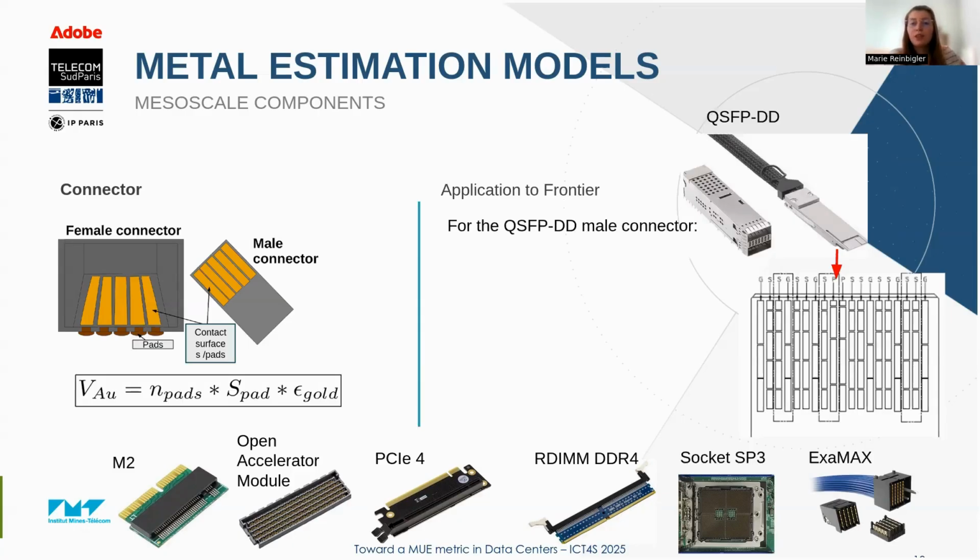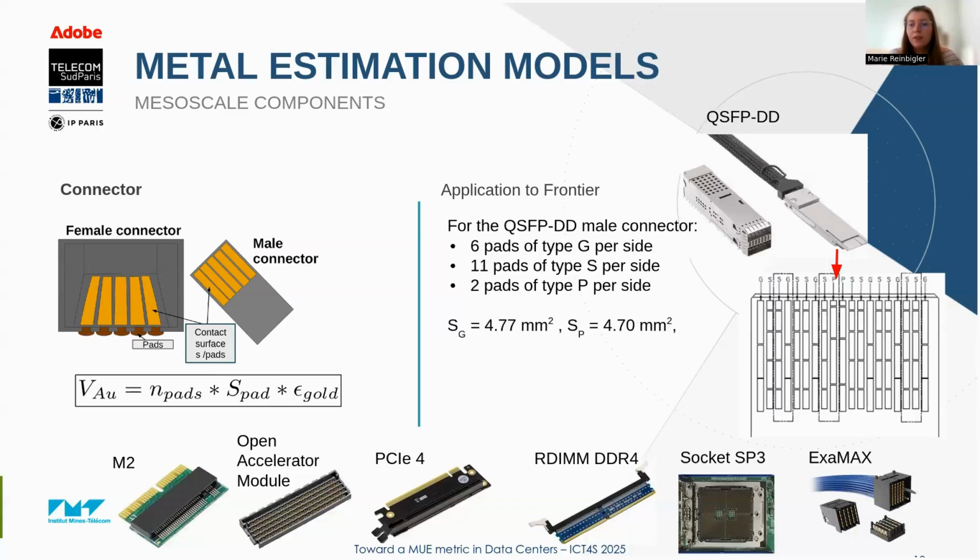And so if we focus on the male connector of the QSFP-DD, we see that it has several patterns of pads that are repeated, and there are 3 different patterns, each of them with a specific surface that we can estimate based on the specification of this specific connector. And we have a plating thickness, which can lead us to the estimation of the gold volume.